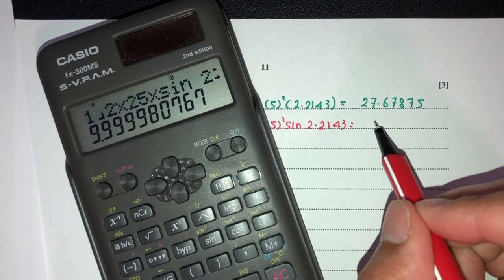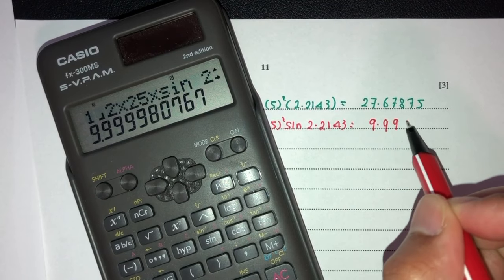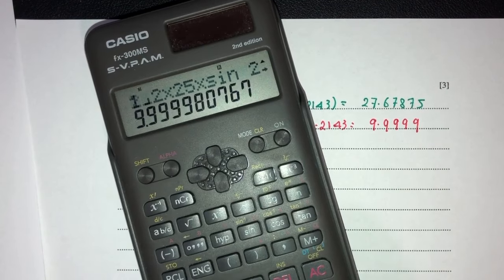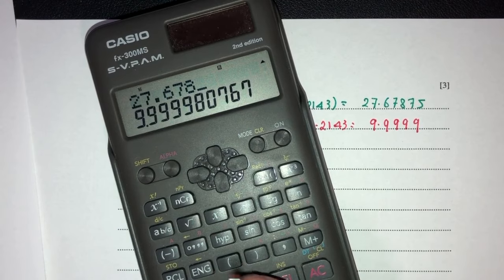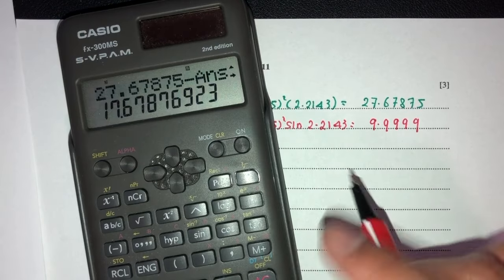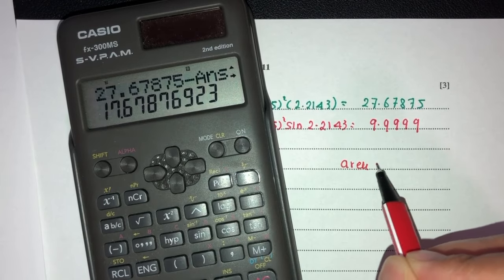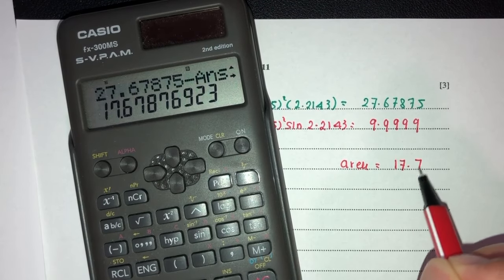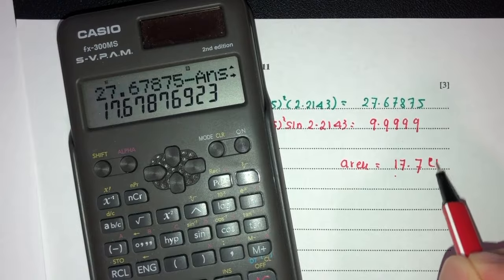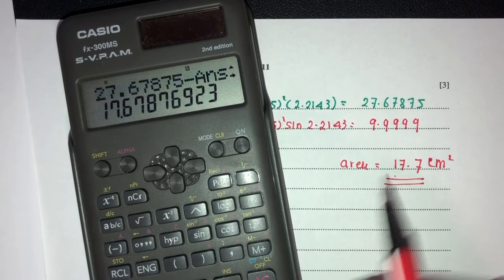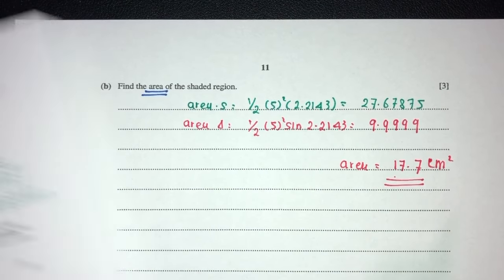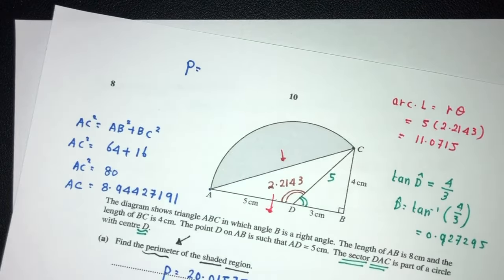That should be 9.9999. So 27.67875 minus answer. So the area will be 17.7 centimeters square for 3SF. And this is your answer for question number 8.